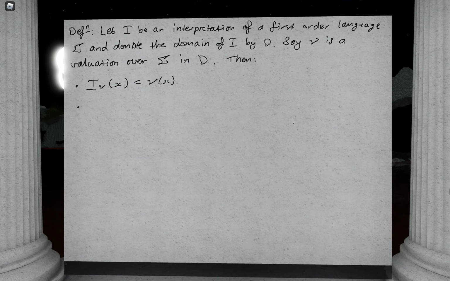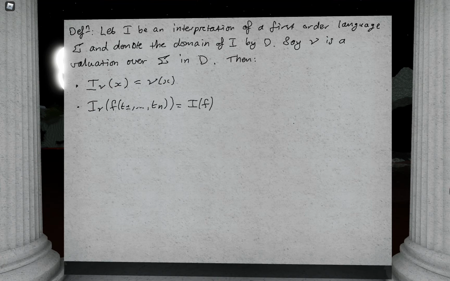And then for terms that are constructed using function symbols, it's a natural recursive definition.